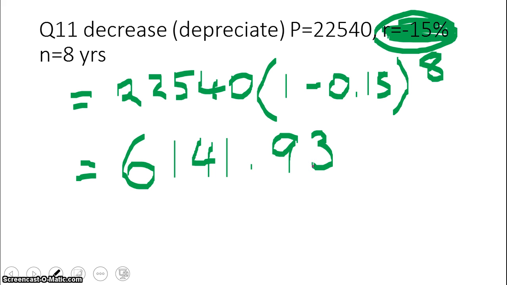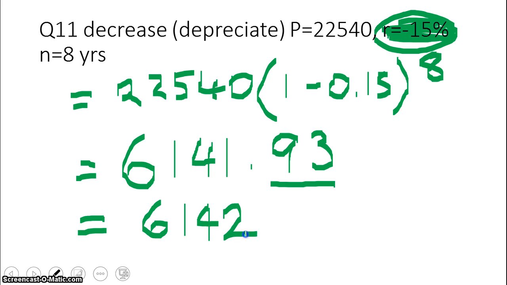And with this one, because we're talking about people, it doesn't seem quite right to round it to 2 decimal places. So what I'm going to do is round it to the nearest whole number, as it says in the question. And that's the number of people, hopefully.